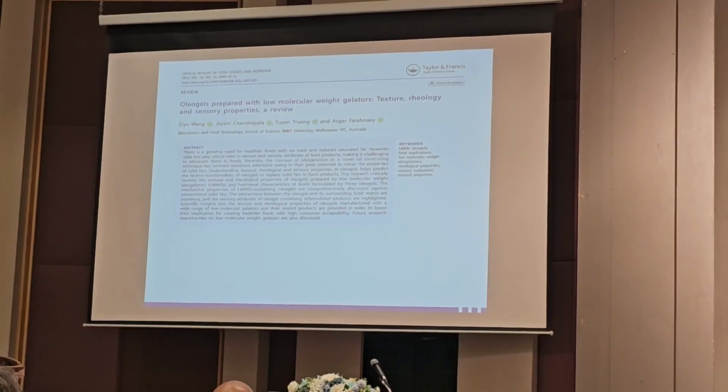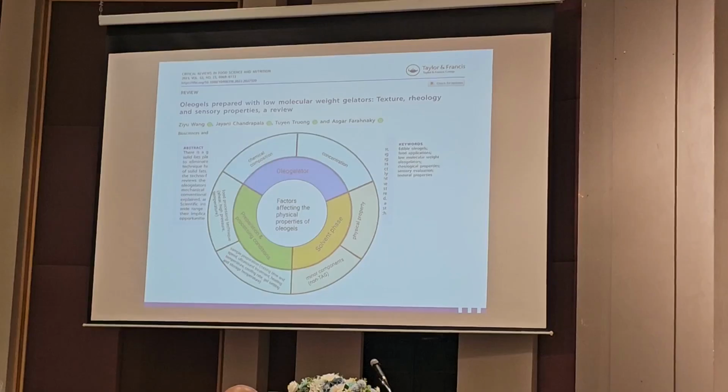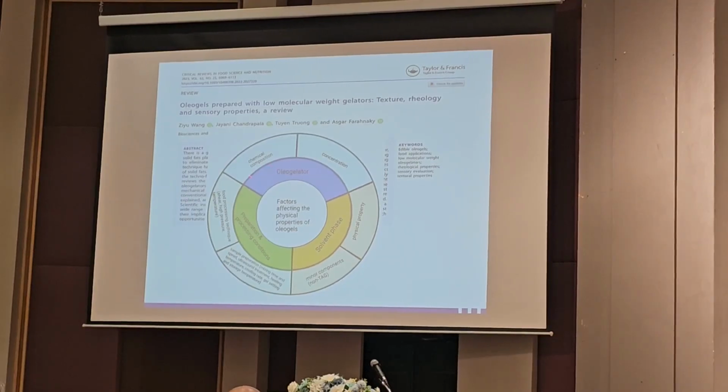In this review paper, we reviewed some types of oleogels that we call low molecular weight. They come in different types, of course, small and large. This highlights that gelators are the main factor in this type of oleogel.